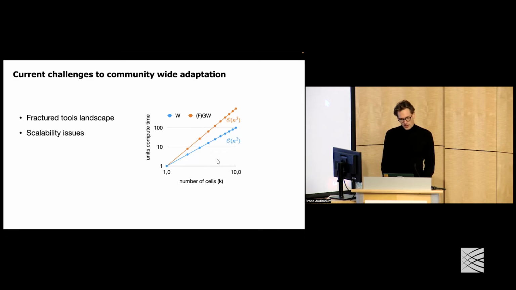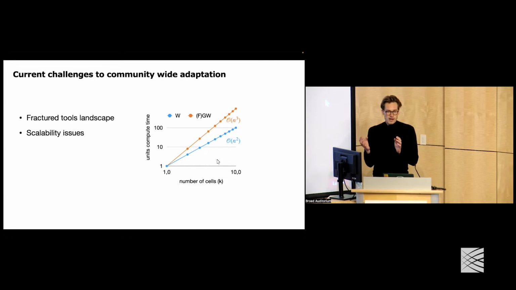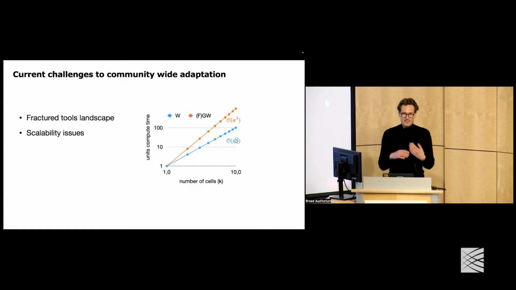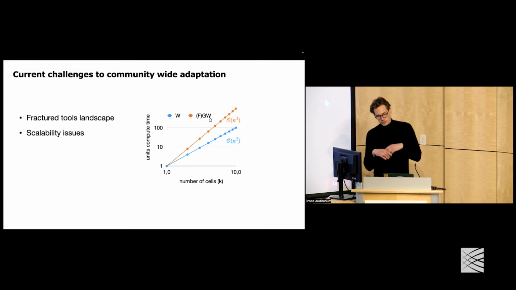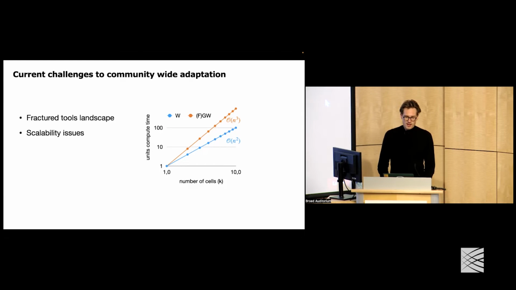Secondly, scalability issues. As Marco mentioned before, even if we regularize the optimal transport problem, we go from a cubic complexity to a quadratic complexity, which is still not great in practical applications. And for Gromov-Wasserstein and fused Gromov-Wasserstein, it looks even worse, because there the complexity is cubic, and it's cubic already when we have regularized. So it doesn't get better than that easily.